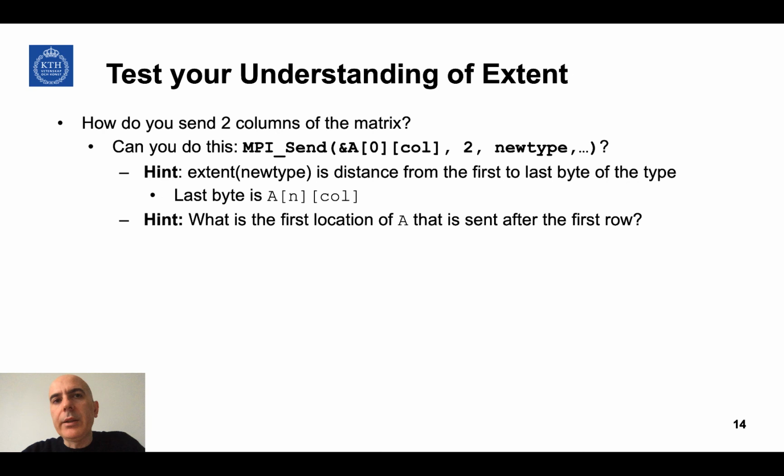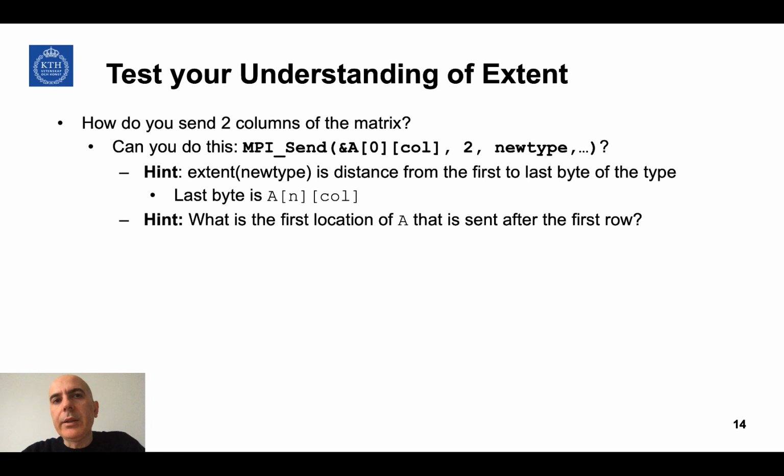So how do we send the columns of the matrix? Can we do this by just increasing the count number? We cannot really do this, and the reason is, think about how the extent of the new type is defined.